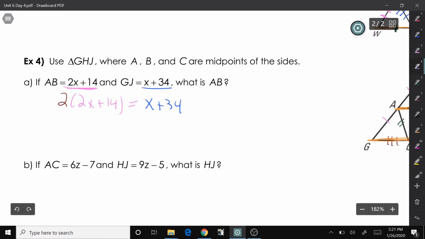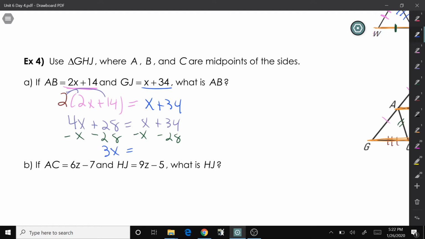So then we need to solve that. Distribute. We get 4x plus 28 equals x plus 34. I'm going to subtract 28 from both sides, and I'm going to subtract x from both sides. This will give me 3x equals 34 minus 28, which is 6.